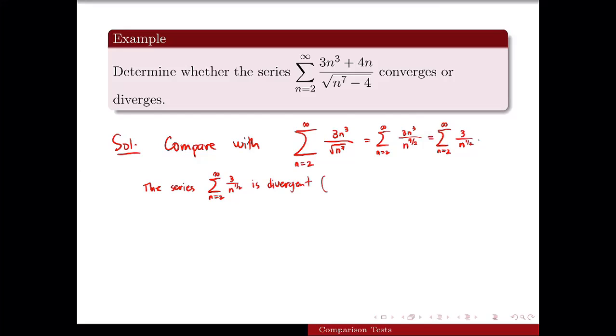Because again, it's a P series, but P equals 1/2, which is less than 1.